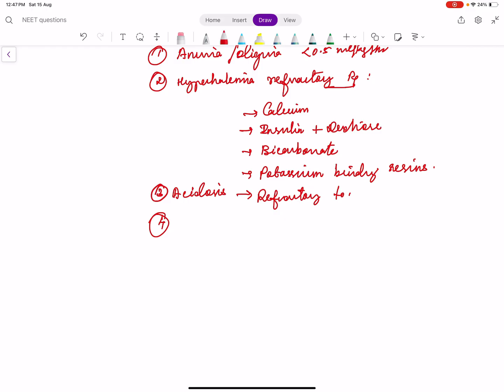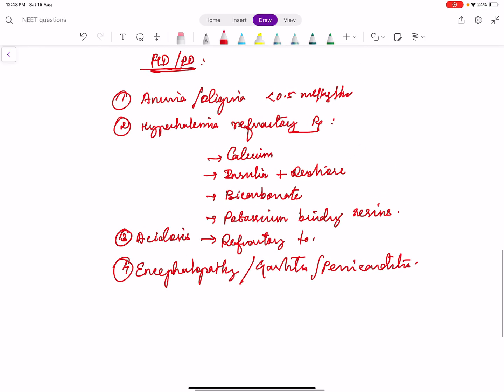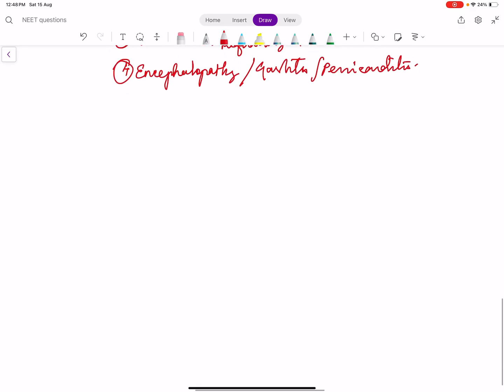Then encephalopathy, uremic encephalopathy or uremic gastritis or uremic pericarditis, these uremic symptoms need dialysis. So RRT, like renal transplant is also an RRT, can be live donor renal transplant or dead donor renal transplant, DDRT or LDRT.